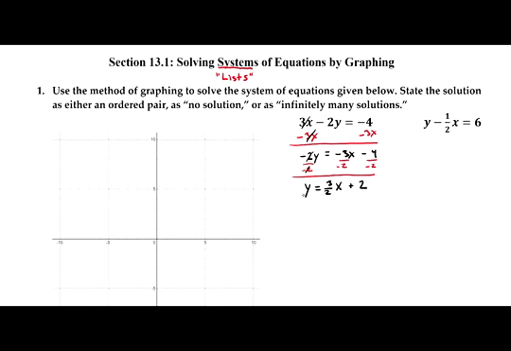So by solving for y, we've identified the slope and the y-intercept. Since the y-intercept is 2, we know that the point (0, 2) is on the graph. So let's put that point over here. And we also know the slope. The slope is 3 over 2. And a point and a slope, that's enough information to graph the line.